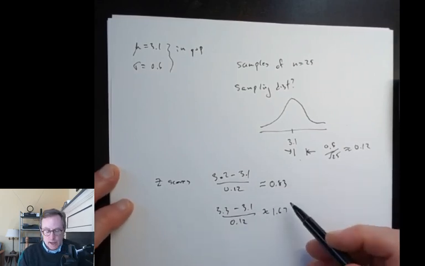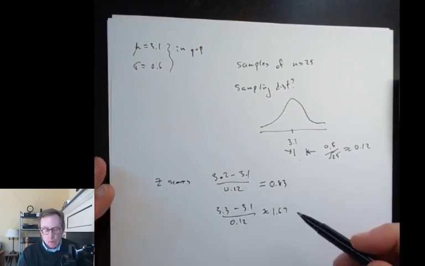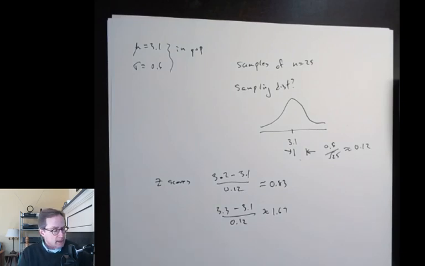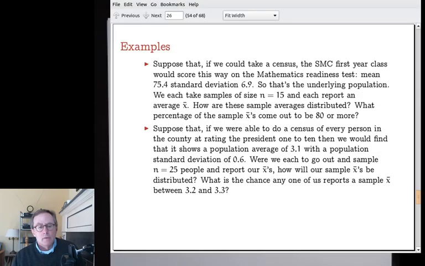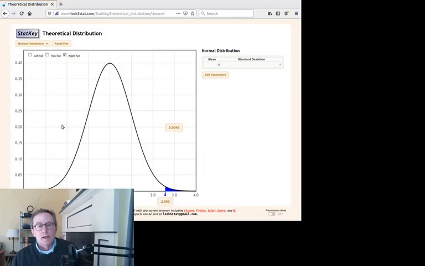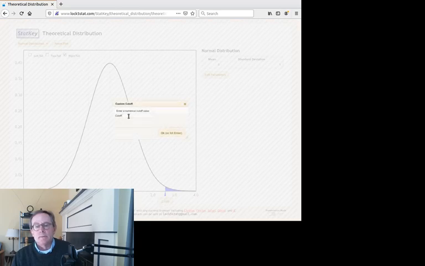So I just have to ask StatKey, what's the area between 0.83 and 1.67? So I'll go and ask StatKey that question. Get rid of this. Oops, hit the wrong button. Get back to StatKey. What's the area between 0.83, which is about there, and 1.67?